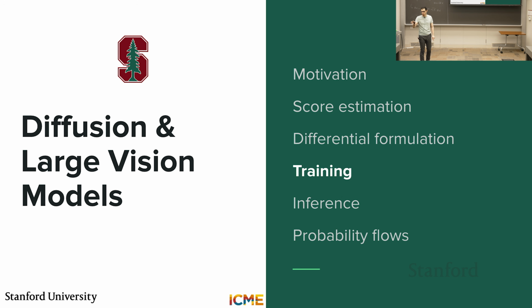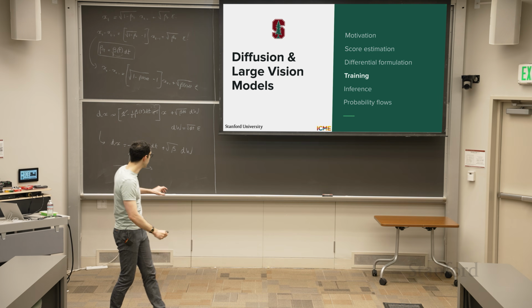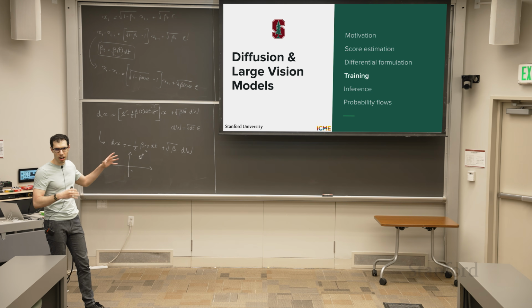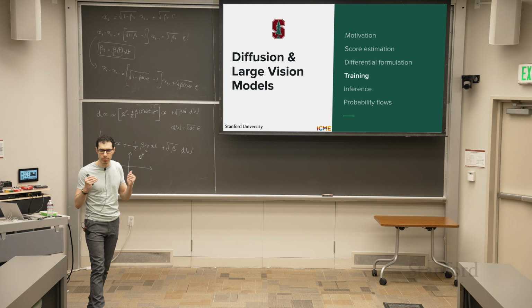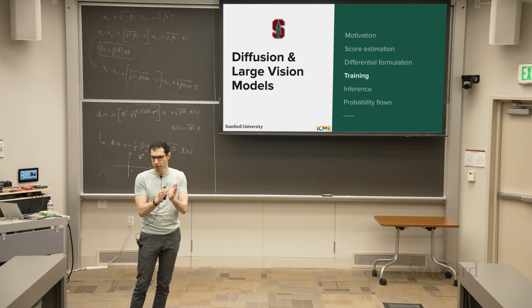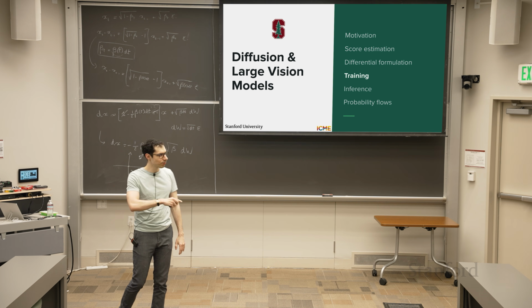So now, why did we do this in the first place? Our goal is to recover clean images. So we know how to noise them through this forward process that we are now able to express in continuous terms. What we care about is to denoise into clean images.